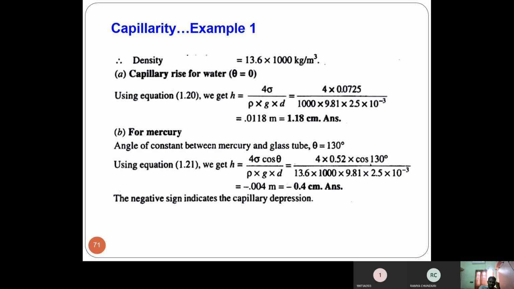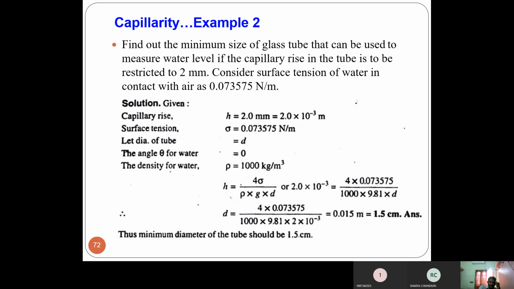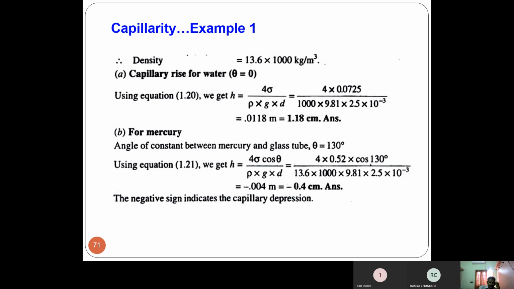Understand? Here the density of mercury is not given, but we can calculate it with the help of specific gravity. What is the meaning of specific gravity?